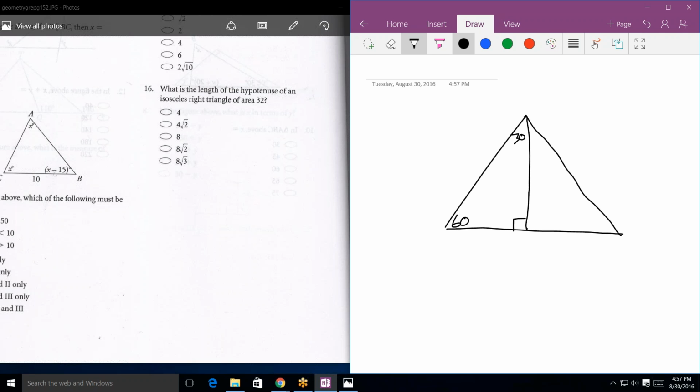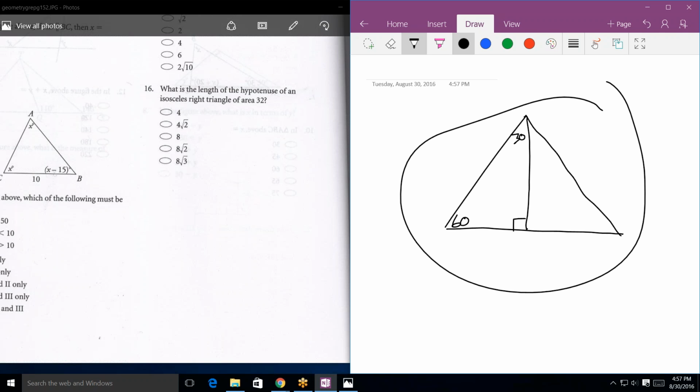So you're going to see lots of problems that have these kinds of figures in them, where they've chopped up triangles or shapes, and you end up with a 30-60-90 or a 45-45-90. And that's where you need to know your two unit triangles. Or trigonometry.